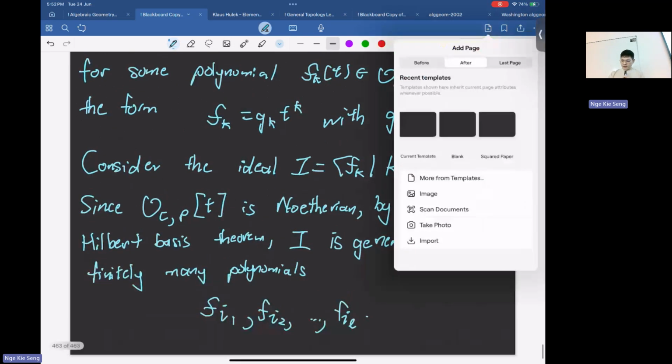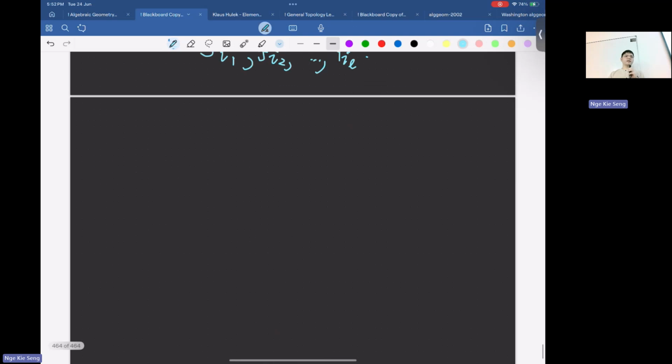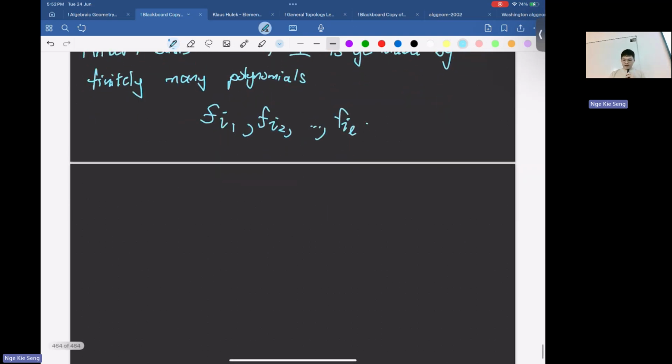Then let's rewrite our alpha, because our alpha lives everywhere, right? So there are finitely many of them, and let's pick the one further than this f_{iL} stage.